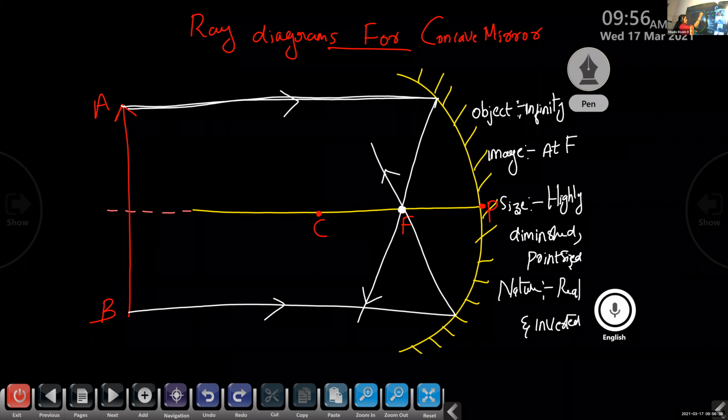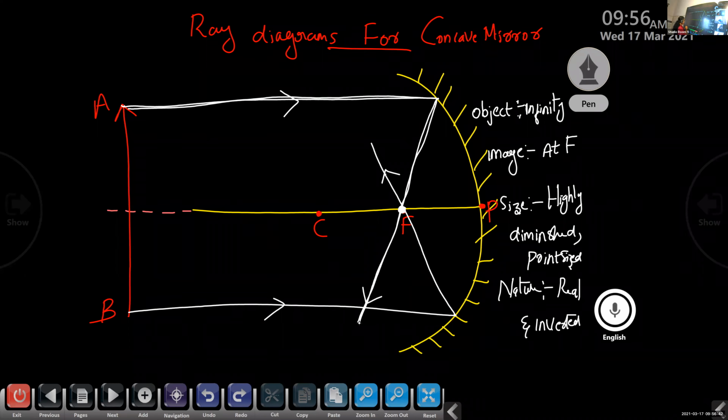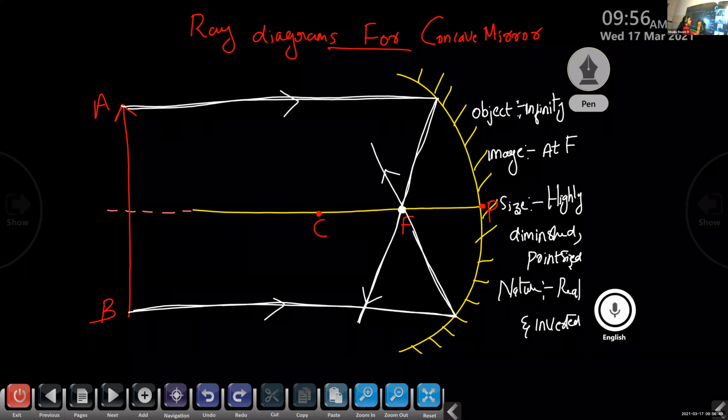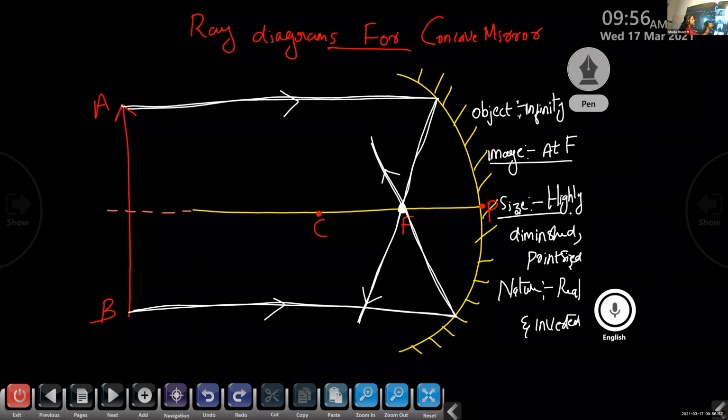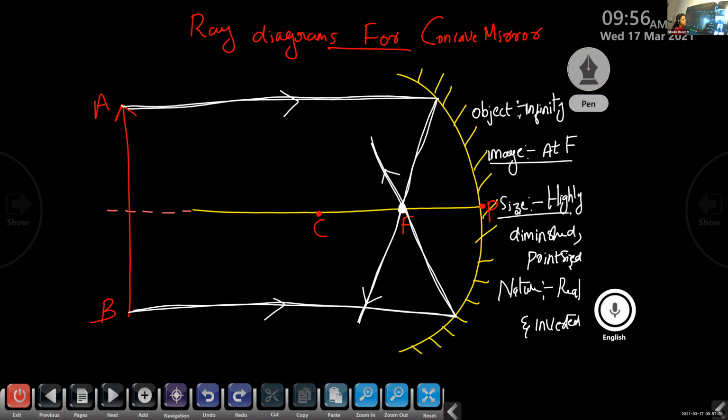After the reflection, it again passes through the principal focus. So these 2 rays coincide at the point F. So we get the image at F, the size is highly diminished or point sized, and its nature is real and inverted. Is it clear?